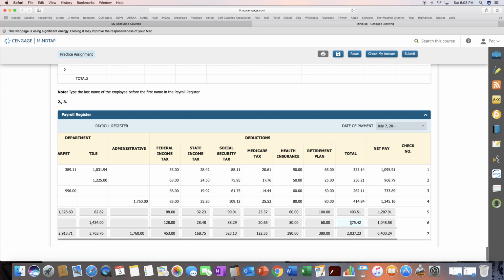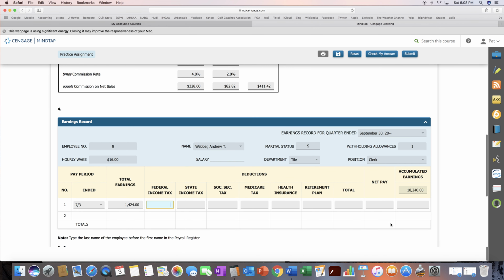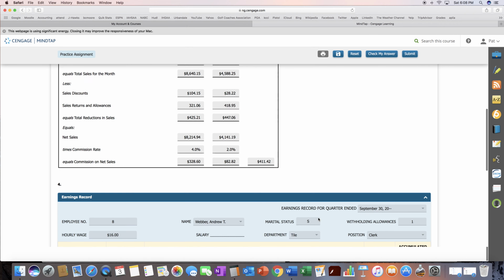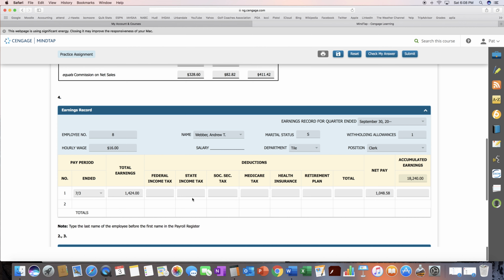You put all those in there. And then you put this number, 1,048.58, as the net pay. So you're just copying those. I didn't want to type all those in. It takes too long. But you get them from down here. You figured them all out, and now you put them up into this file.